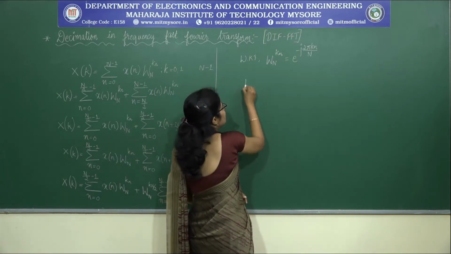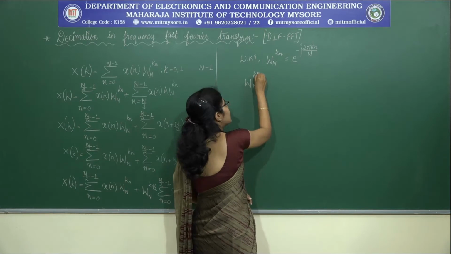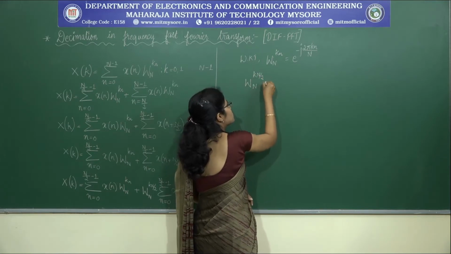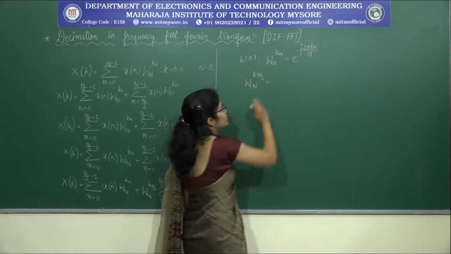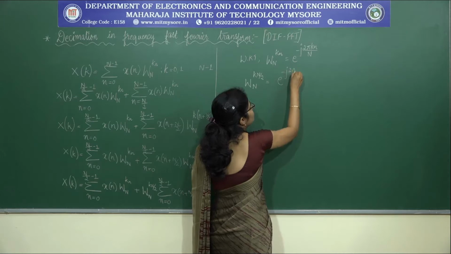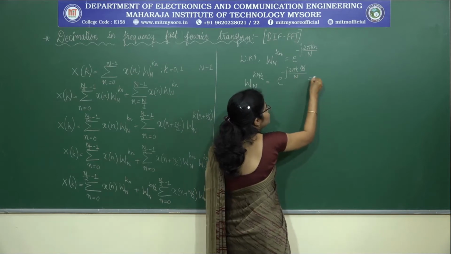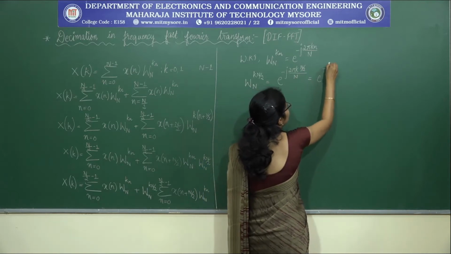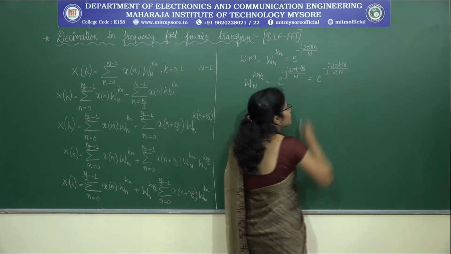That is omega N to the power of k into N by 2. So instead of small n, I have it as capital N by 2. Let me replace and write. So e power minus j 2 pi k N by 2 divided by N, which can be written as e power minus j 2 pi k N by 2N, correct?